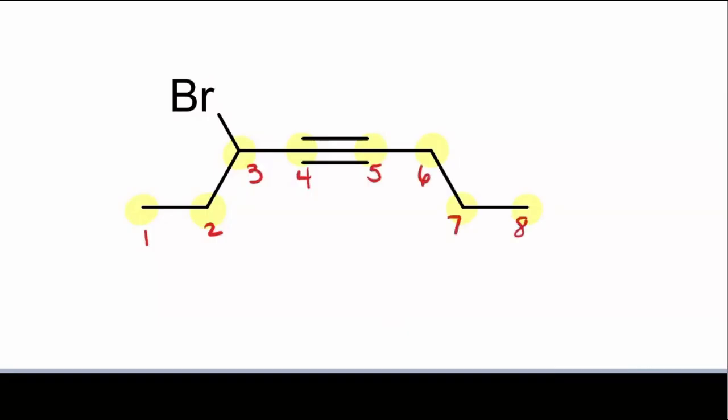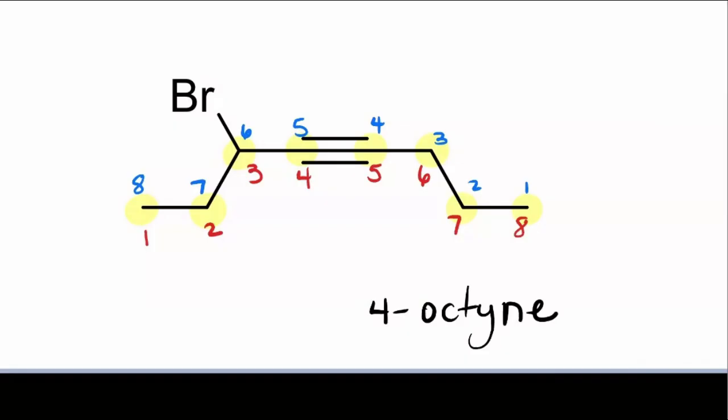But if we number this alkyne in the opposite direction, 1, 2, 3, 4, 5, 6, 7, 8, the triple bond is actually in between the same numbers. Regardless of which direction, you see that specifically this alkyne is going to be 4-octyne.